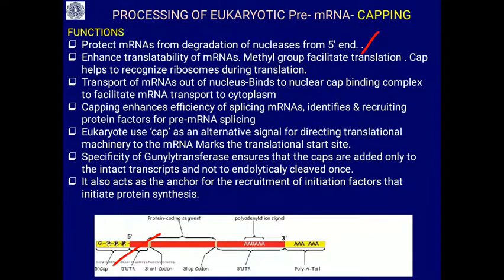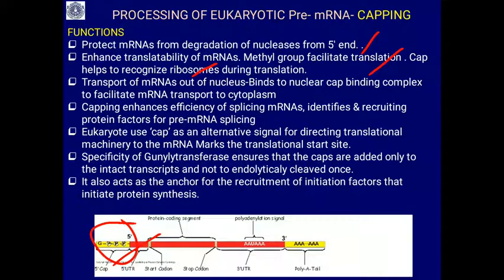During transportation, it may get cleaved at the 5 prime region because of nuclease activity. That is prevented by this methylated residue. It protects from enzyme actions, so that it enhances the translatability of mRNA. The methyl group facilitates translation.